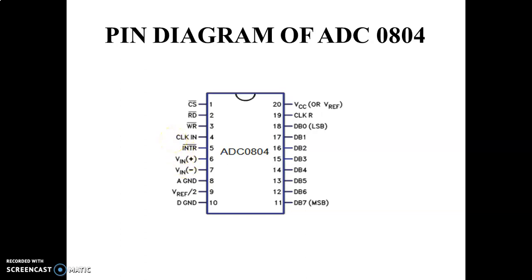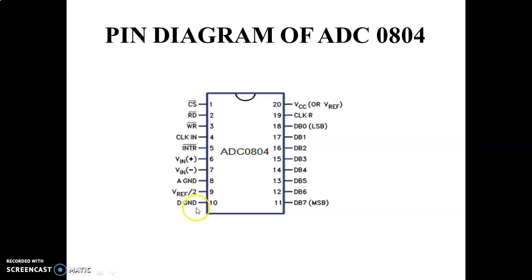Then analog input to ADC. Then analog ground, it is connected to the ground. Then V reference by 2, it is the reference voltage. If this pin is not connected or left open, then the default reference voltage will be 5 volt and the analog input voltage will be in the range of 0 to 5 volt.